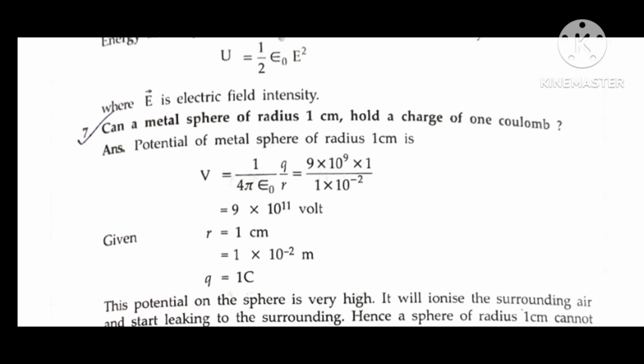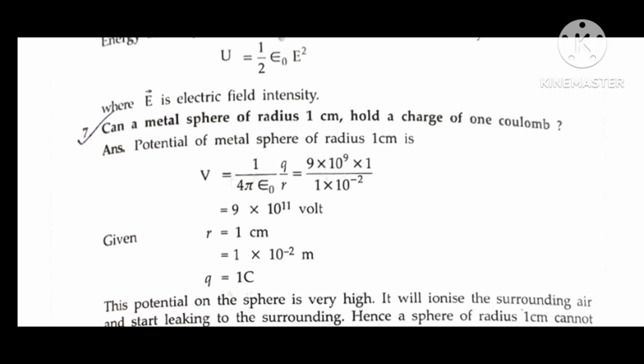Can a metal sphere of radius 1 centimeter hold a charge of 1 coulomb? Potential of a metal sphere of radius 1 centimeter is equal to 1 by 4 pi epsilon naught times Q by R. Then 9 into 10 to the power 9 into 1 divided by 1 into 10 to the power minus 2, which is 9 into 10 to the power 11 volt.